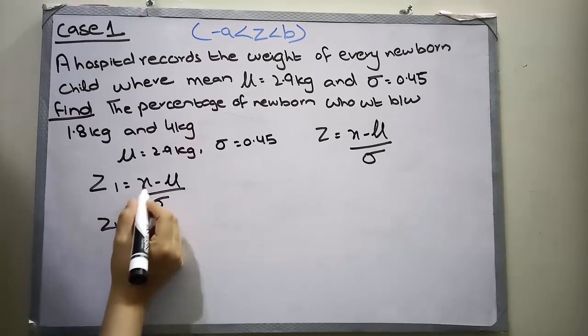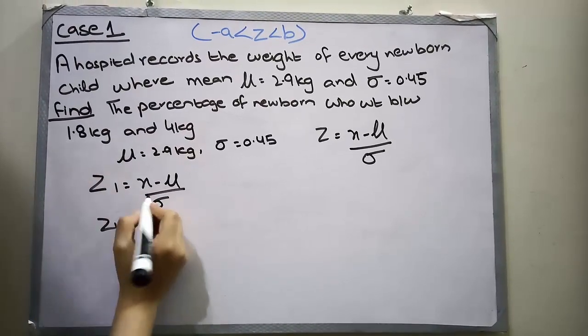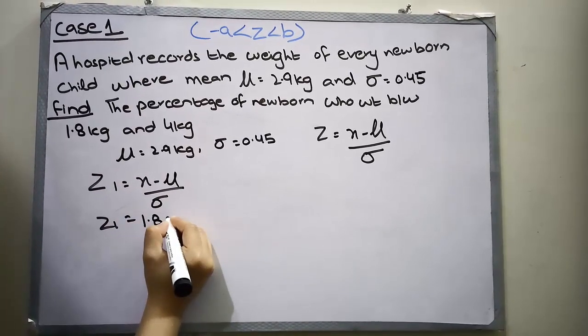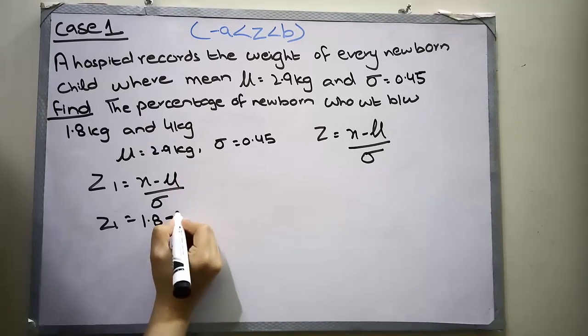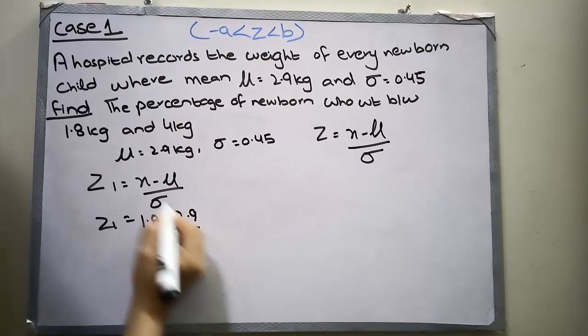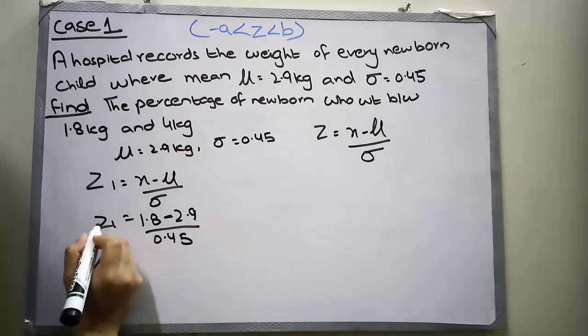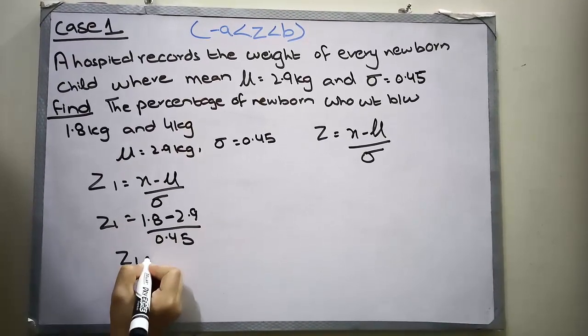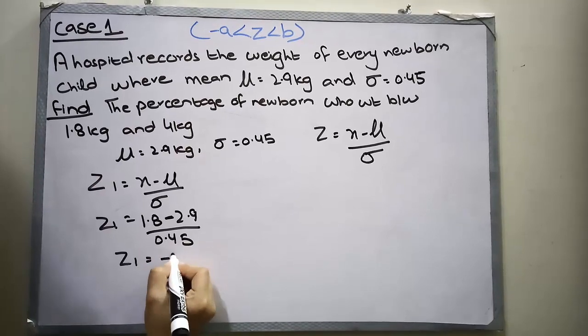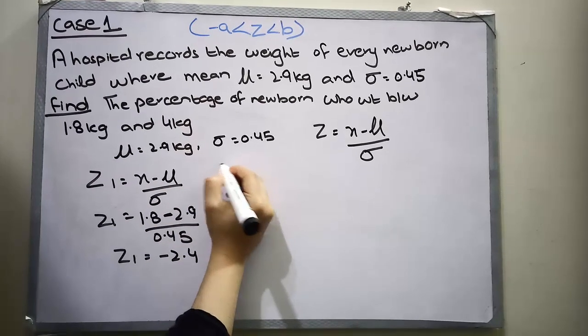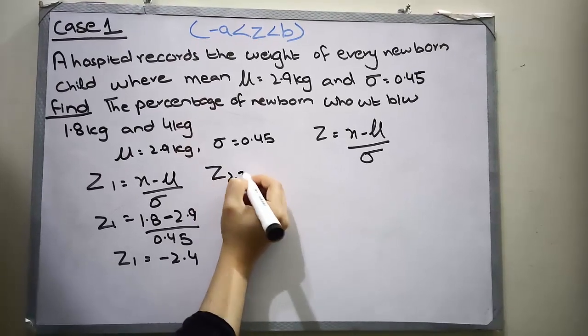Putting in the first value given, 1.8 minus the value of mu 2.9, divided by standard deviation 0.45. So the value of z1 is minus 2.4.